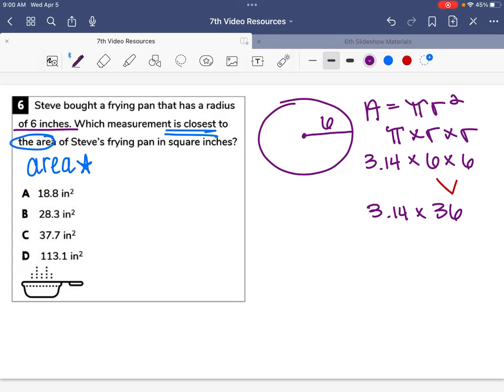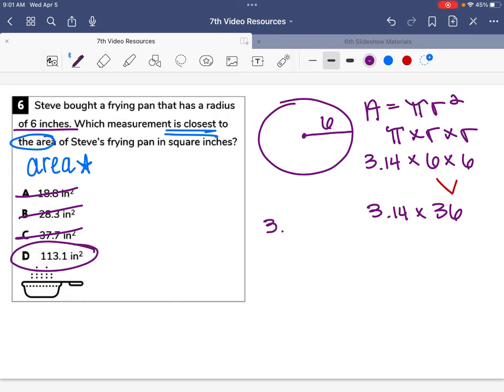And I can already estimate, if I need 3 and a little extra groups of 36, then 18.8 inches squared is too low. 28.3 inches squared is too low. And 37.7 inches squared is going to be too low. So I can estimate that my answer is going to be D, but we'll want to do the math just to follow up and check our solution.